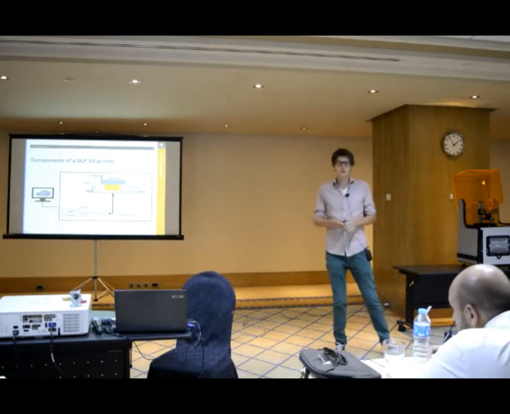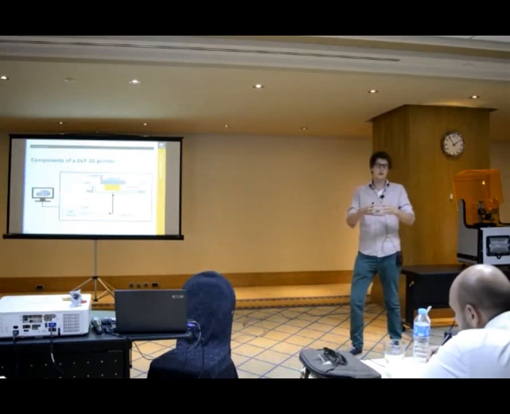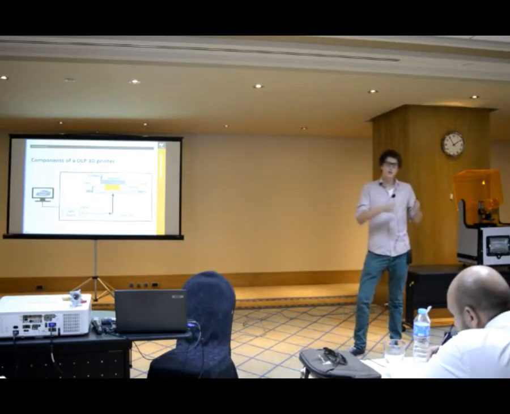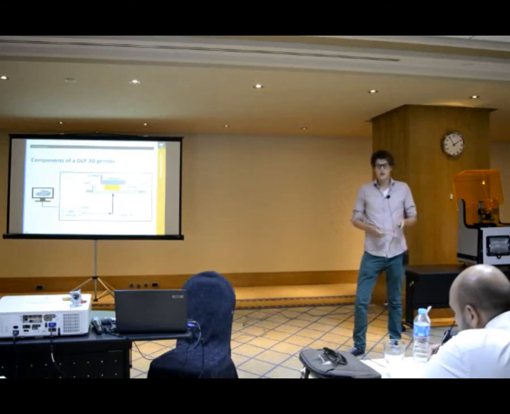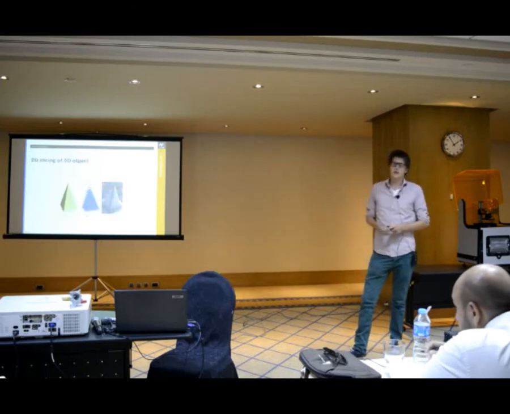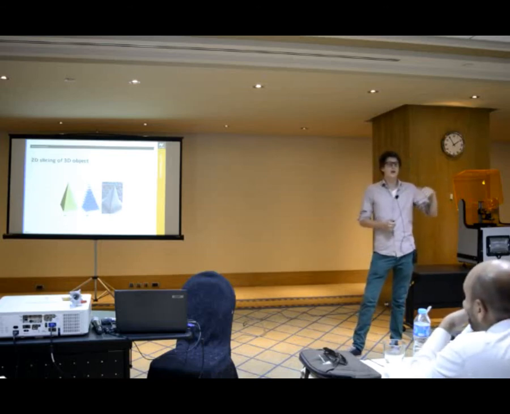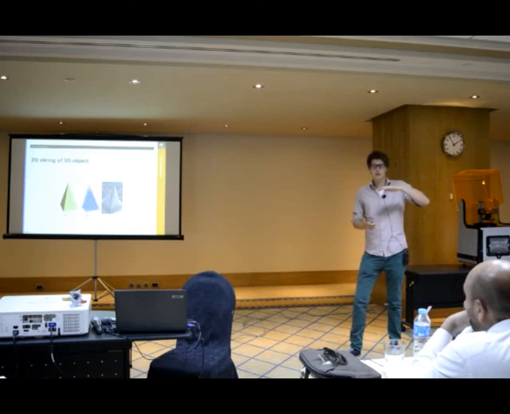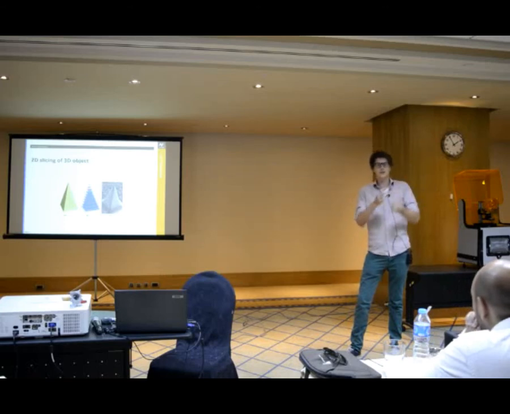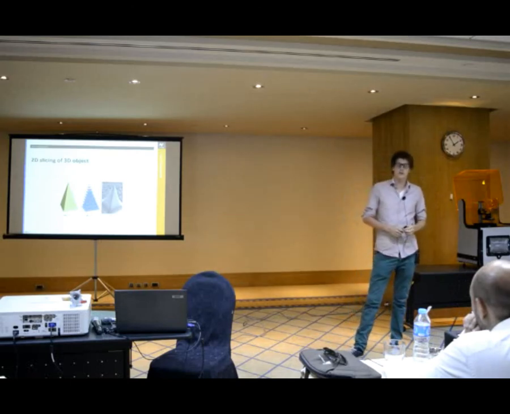So how does the DLP printer work? Let's say you have a 3D digital model and you want to make a real model from it. The computer takes this 3D model and slices it into 2D slices. For instance, if you want to make this pyramid, the computer will slice it according to its resolution, and it will then print each slice after each other and stack them on top of each other, and these slices will connect to each other as well due to the photopolymerization.